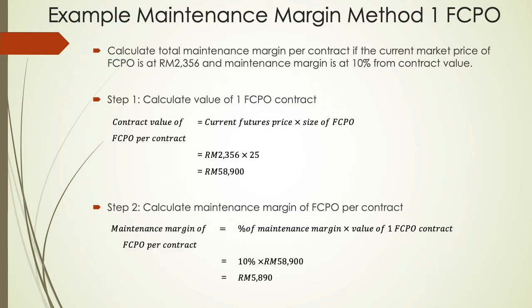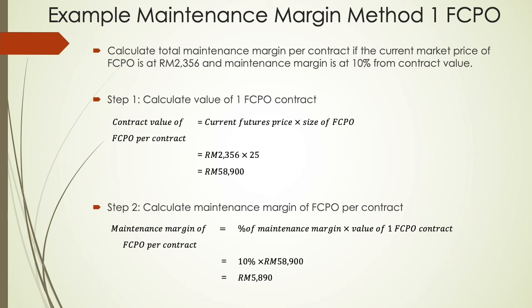This is an example of maintenance margin method 1 for FCPO. Calculate total maintenance margin per contract if the current market price of FCPO is at 2,356 ringgit and maintenance margin is at 10% from contract value. If you look at the example, it's mentioned maintenance margin is a percentage from contract value. So step number 1, you need to calculate contract value of one FCPO contract.